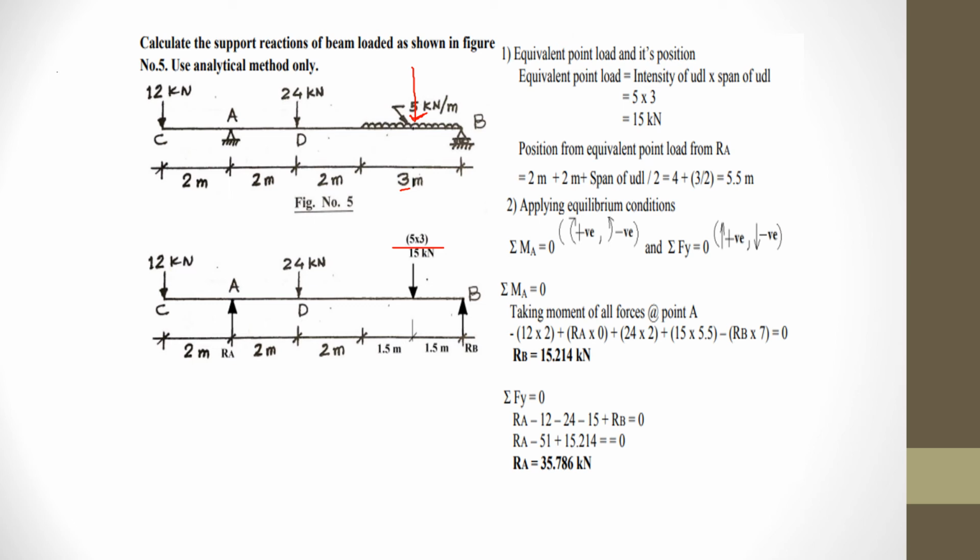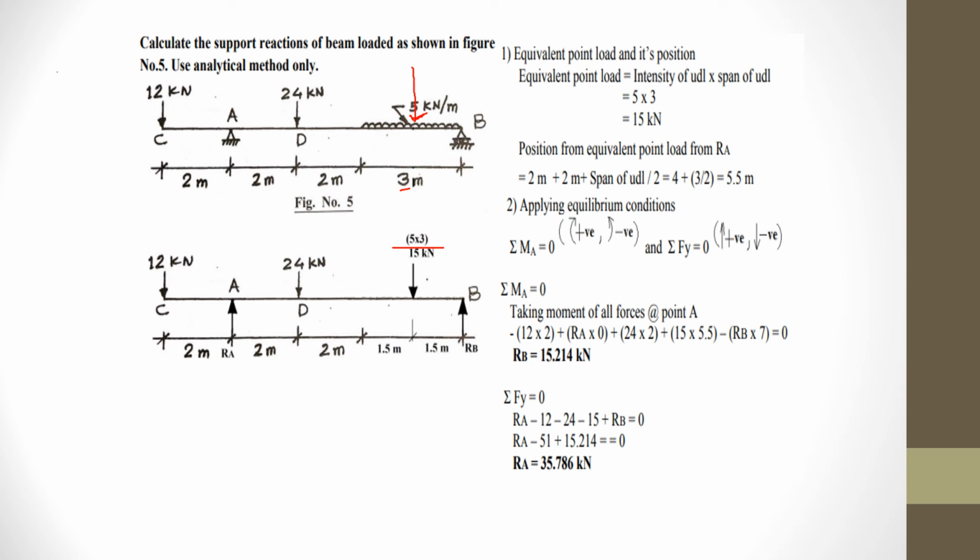Then we will apply equilibrium conditions as summation Fy equals to 0 and summation MA equals to 0. As there are unknowns RA and RB, we will use summation MA equals to 0, that is moment at point A is equal to 0.